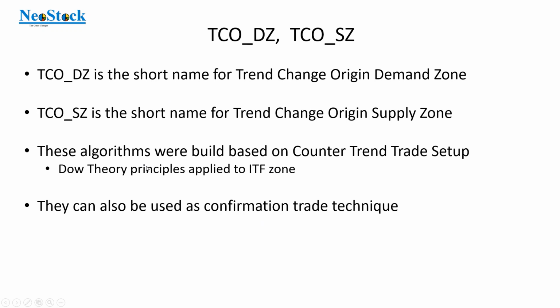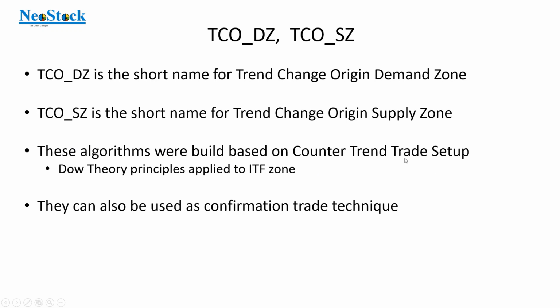Just for reference, I am giving you. TCO means trend change horizon. Today you will understand what exactly trend change horizon means. And also you should remember, these algorithms were built based on counter trend trade setups.